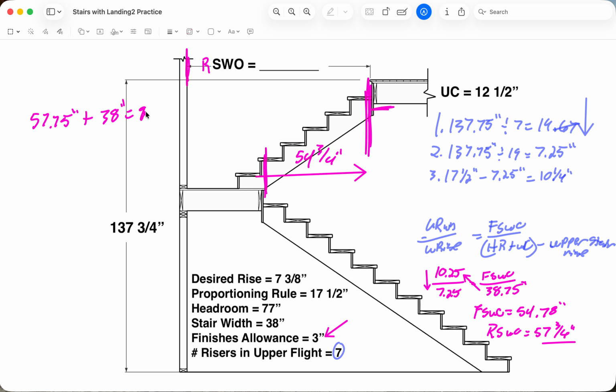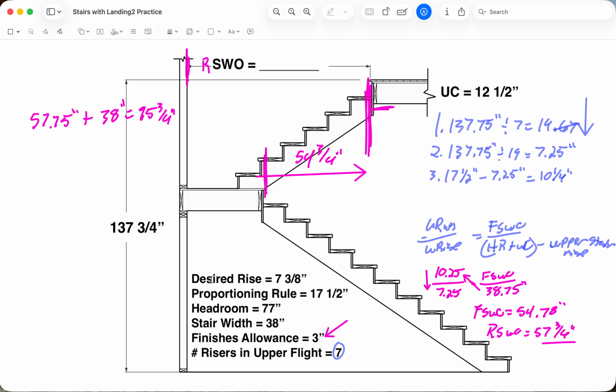And we get 95 3/4. So the distance from the wall to where the header joist would be up here should be about 95 3/4 of an inch.